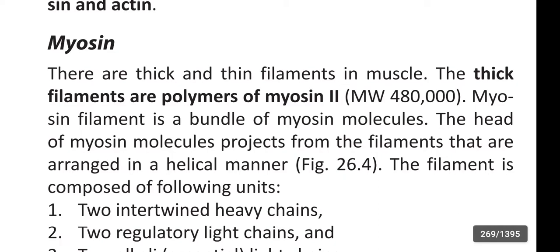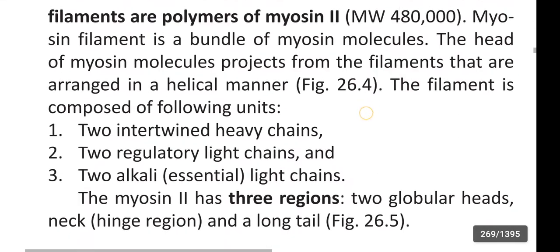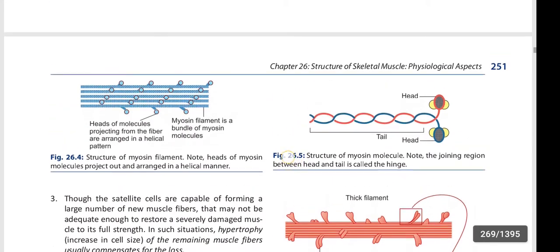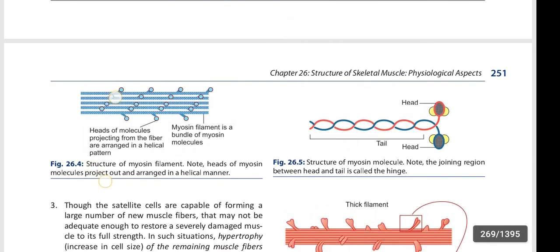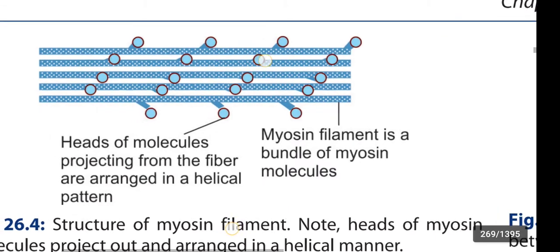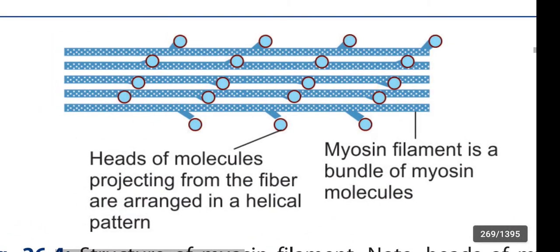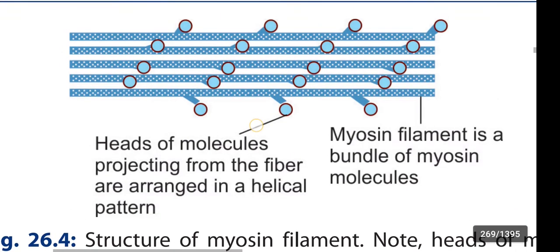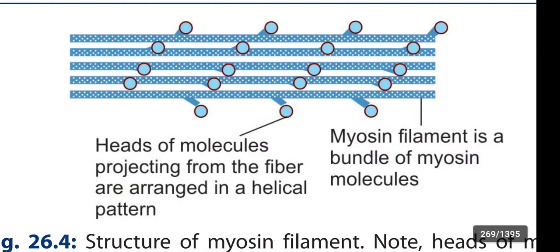The filament is composed of following units. If you observe here, this is the structure of myosin filament, which forms the helical structure.